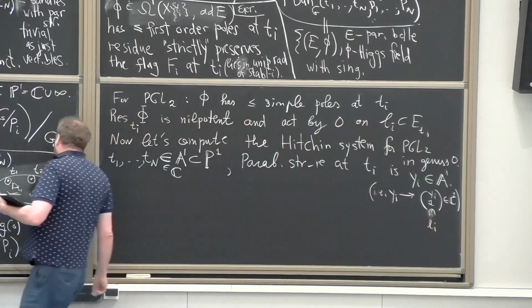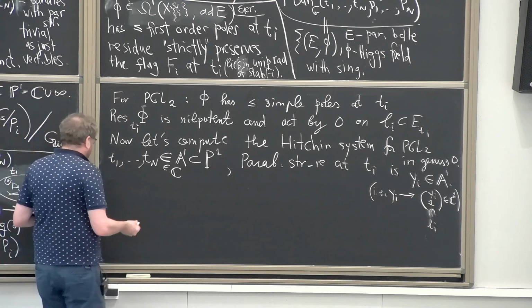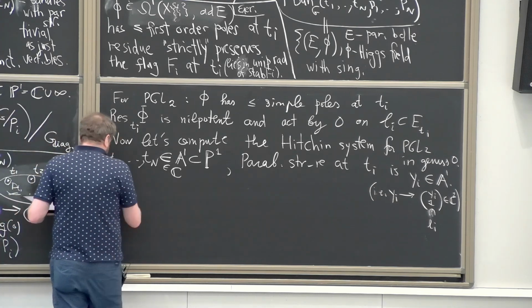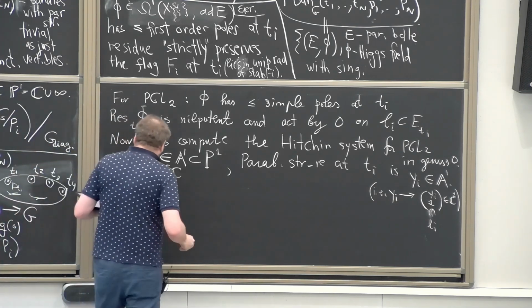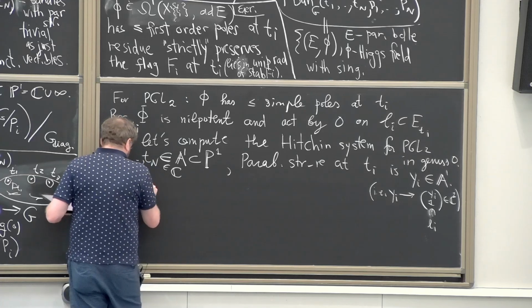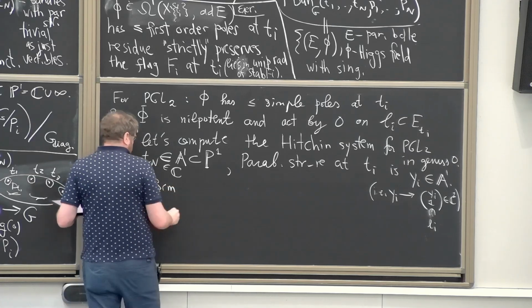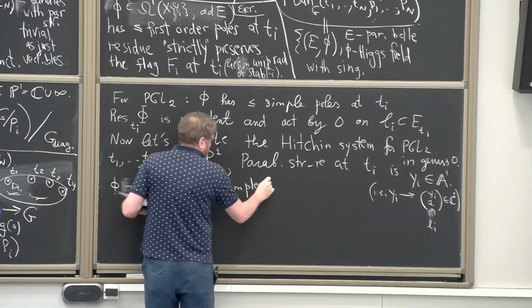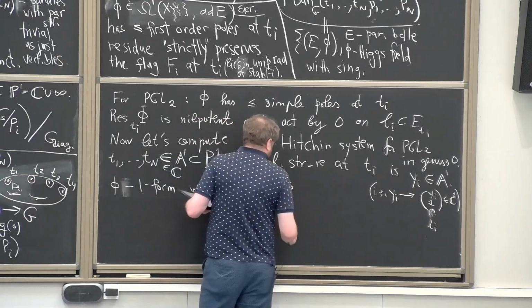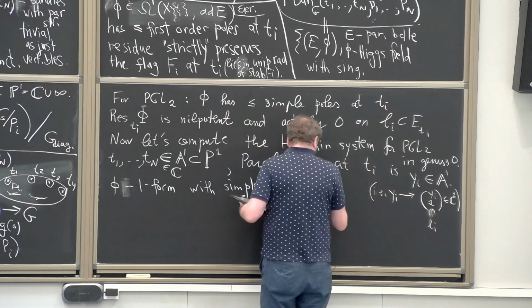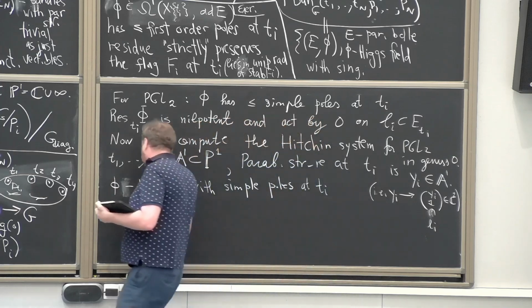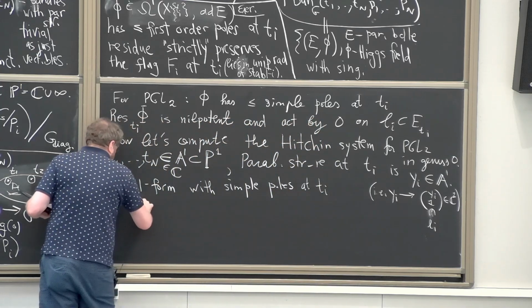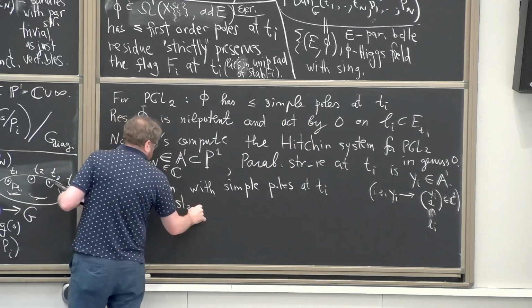Okay, so now what is a Higgs field? A Higgs field is a one form with simple poles at Ti valued in SL2.